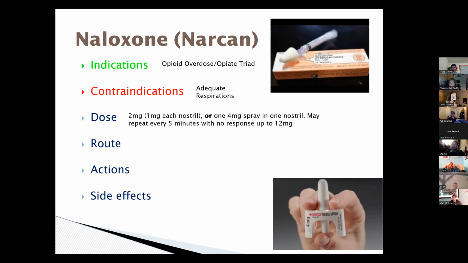So this one has more Narcan per liter of water than this one does. So you can either give 2 milligrams via this one, or you can give one of these, which gives 4 to start. But the minimum you can give at a time is 2 milligrams.